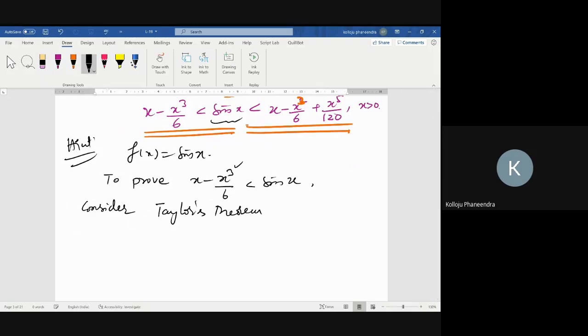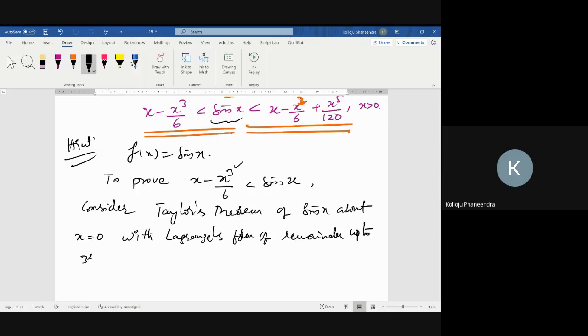If the point is not given, you must consider Taylor's theorem of sine x about x equal to 0 with Lagrange's form of remainder up to third degree.